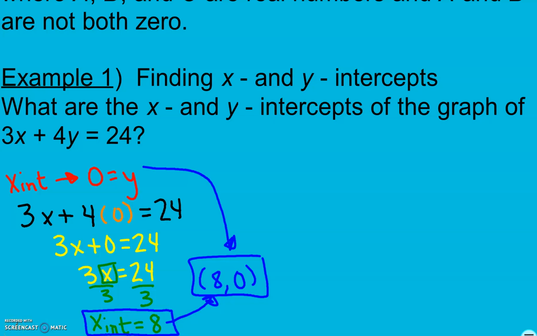To find a y-intercept then, I'm going to plug a 0 in for x. So again, I have the same formula here, but instead of an x, I replace it with a 0. I'm going to go ahead and simplify.